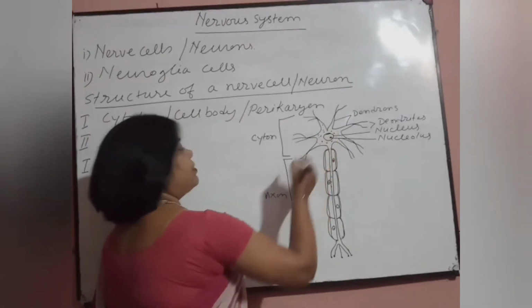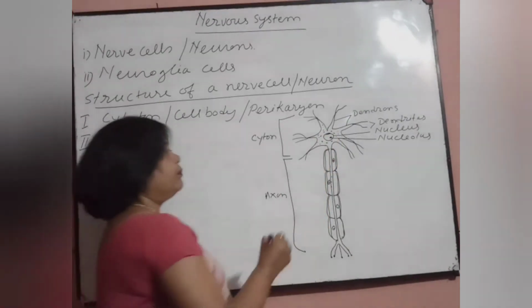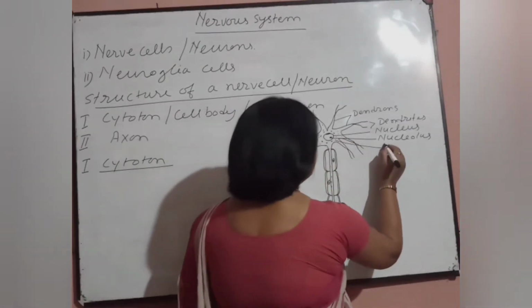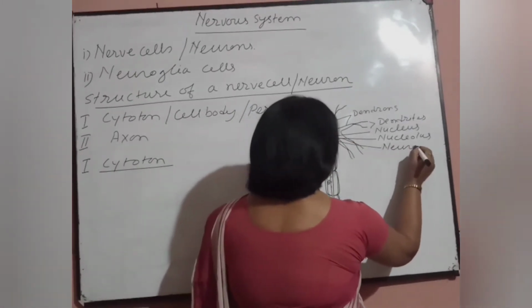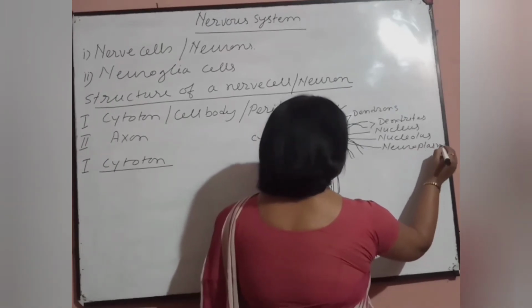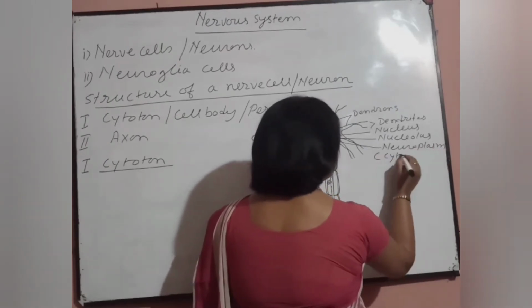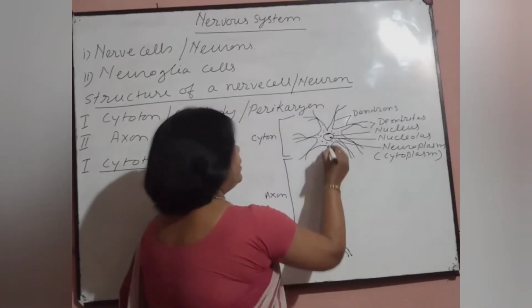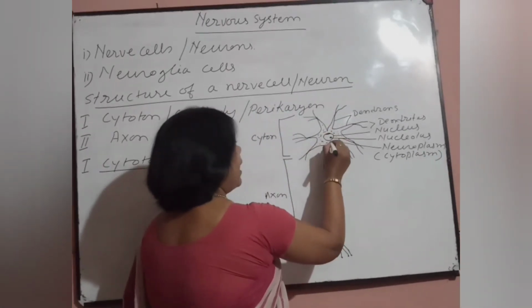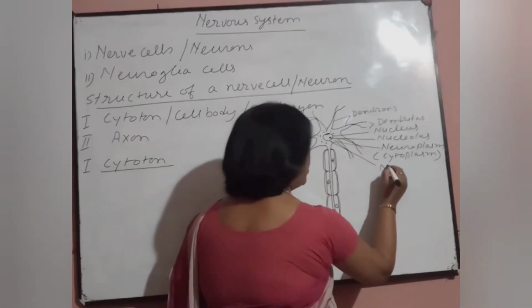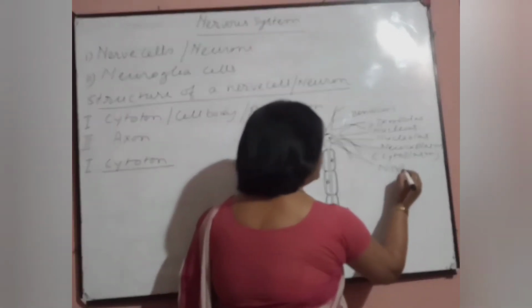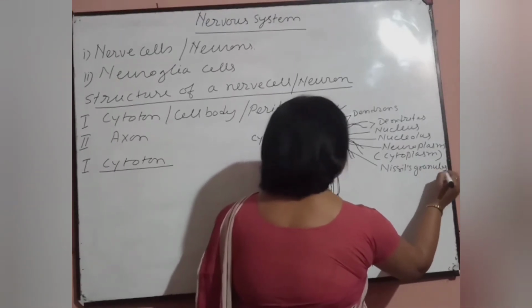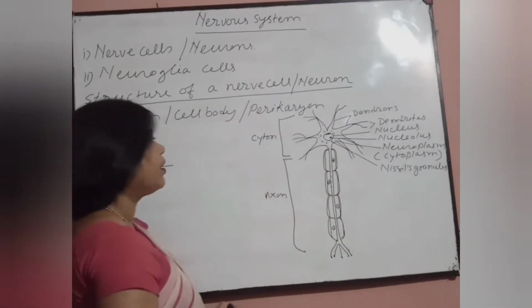The cytoplasm of this cytone is called neuroplasm, which contains some granules, and these granules are known as Nissl's granules.